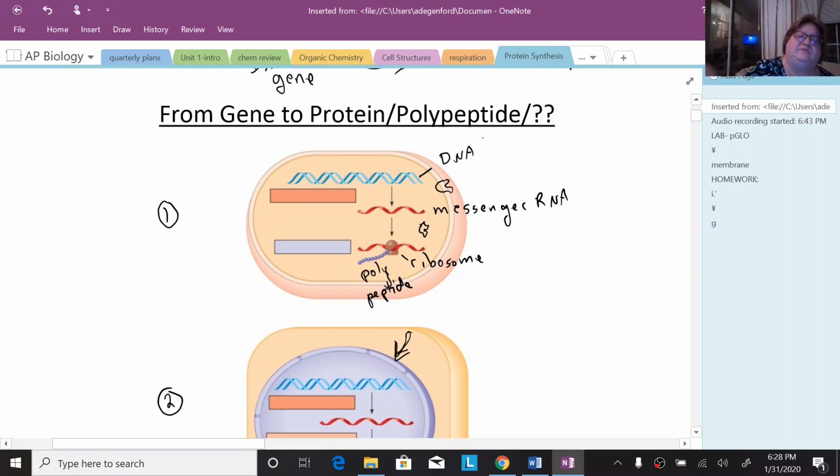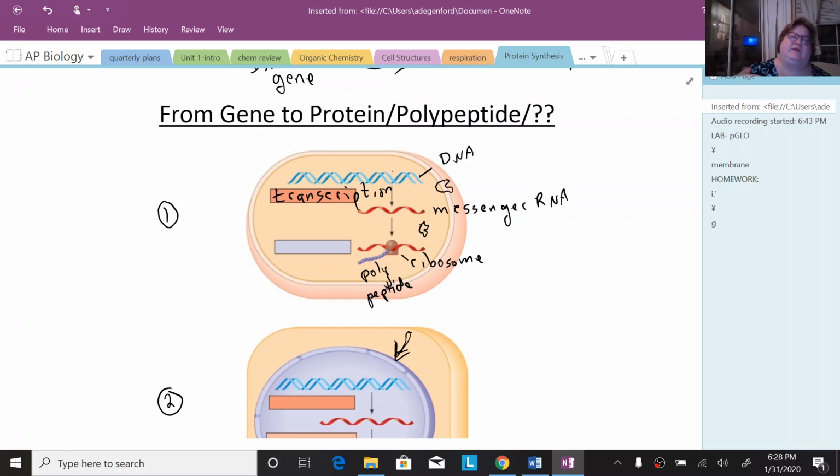The process of taking DNA and copying the information by making it a messenger RNA, that would be transcription. And I like to remember that somebody who is just transcribing, or a scribe, or a prescription, well, you're writing something. So DNA and mRNA, you're copying, you're writing down the message.